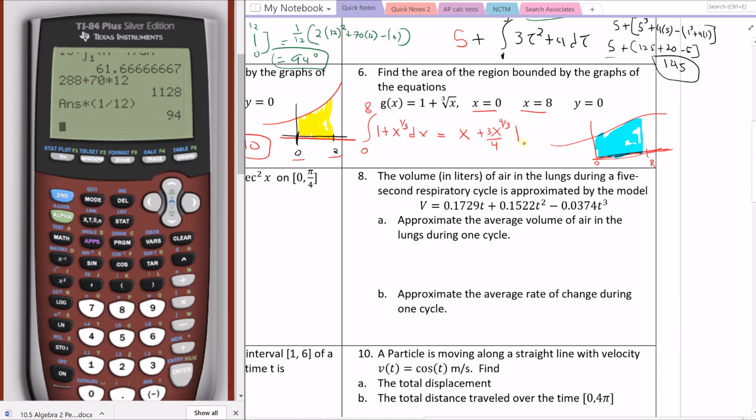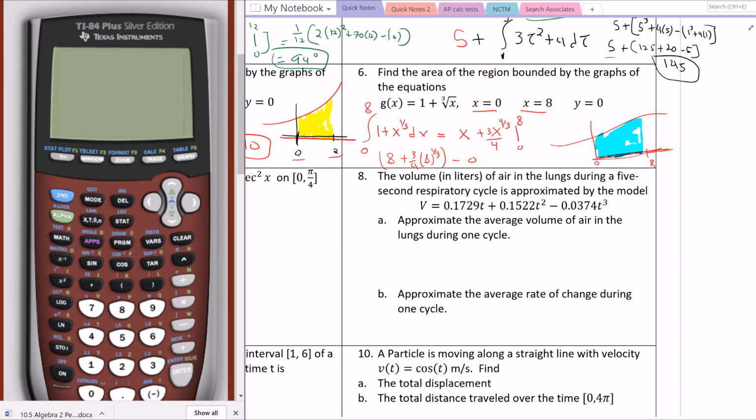And we have to evaluate this from 0 to 8. So we start by plugging in 8, and we get 8 plus 3/4 times 8 to the 4/3 power, minus 0. That 0 so far has been really nice because it's simplified a lot of things for us. We need to do 8 to the 4/3.